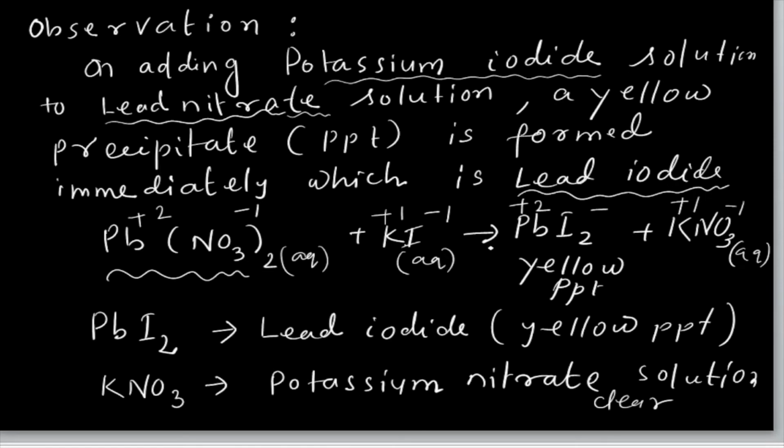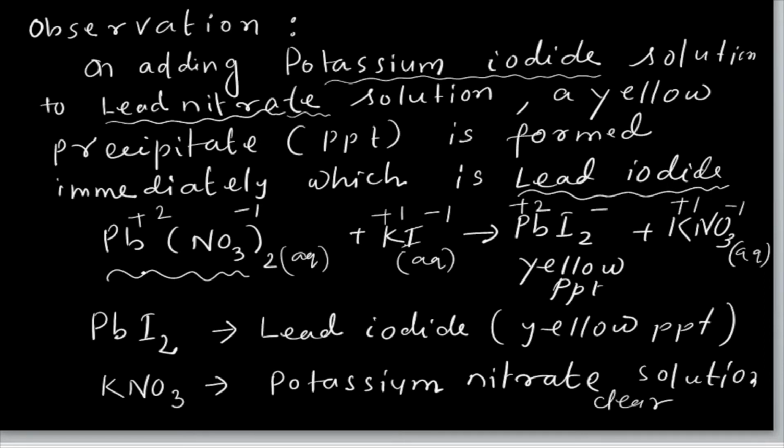What does it change to? Lead iodide. The iodide here, iodine comes from potassium iodide. That means here you can observe the iodide replaced nitrate, and similarly Pb is replaced, giving KNO3, and now it is PbI2.